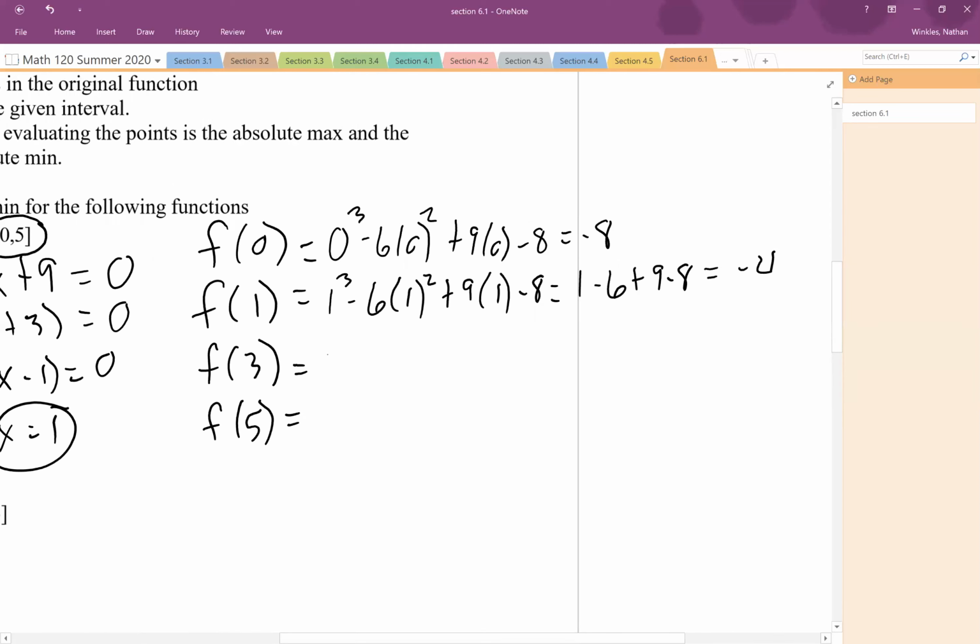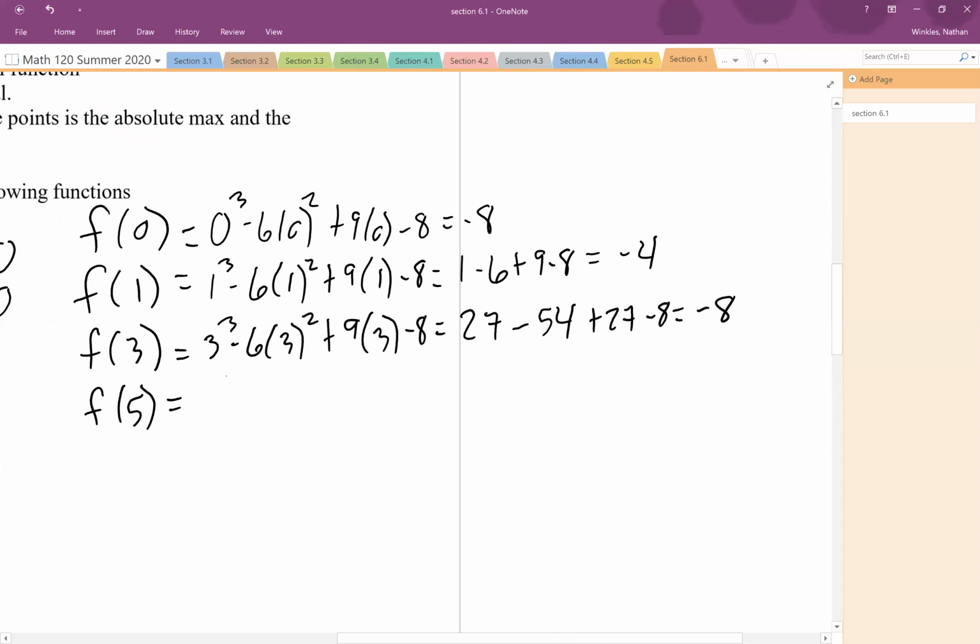Plugging in 3 cubed minus 6 times 3 squared plus 9 times 3 minus 8 gives us 27 minus 54 plus 27 minus 8, which gives us negative 8.